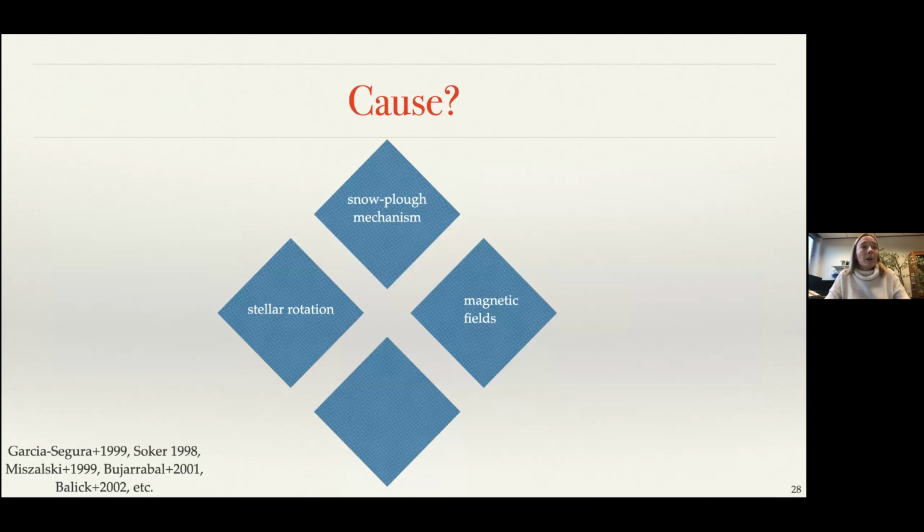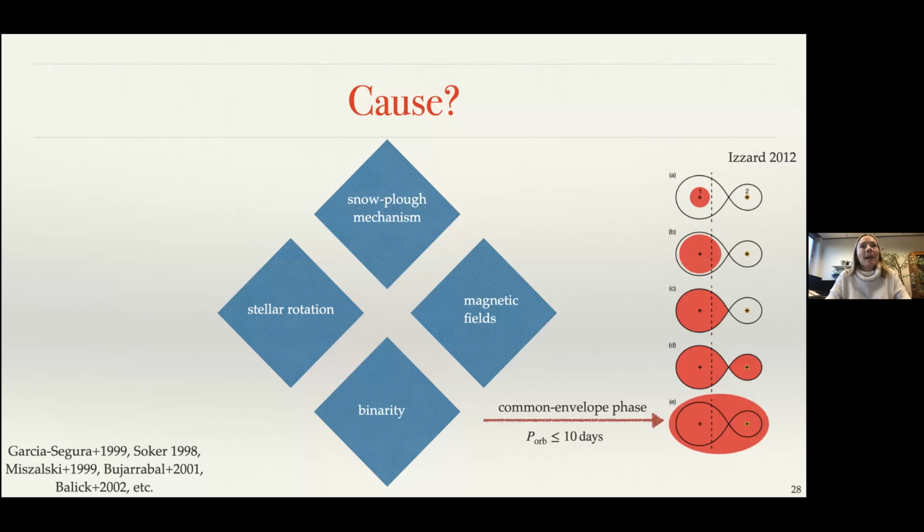So several hypotheses have been offered. For instance, they include a rapidly spinning star itself, or strong magnetic fields have been proposed, but these two mechanisms have also been questioned, since it's very tough to maintain these very strong asymmetries. And more recently, binarity has been proposed, but with a very specific focus.